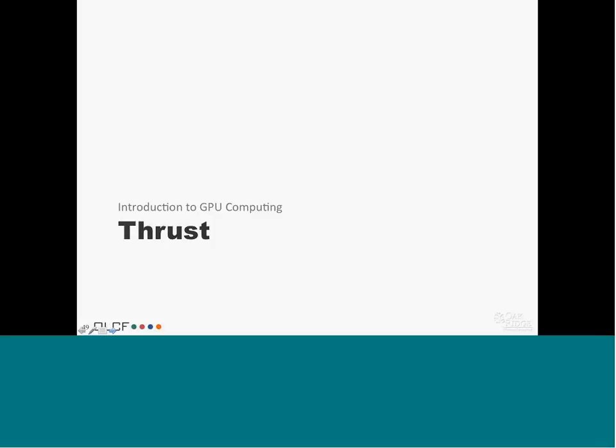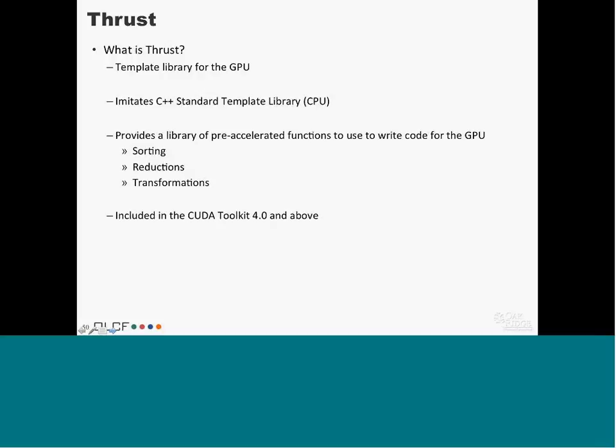Now we get to the interesting part. We have Thrust. Thrust is completely different from all the other methods we've looked at so far. Thrust is a template library provided for the GPU. It imitates the C++ standard template library, which is solely for the CPU.